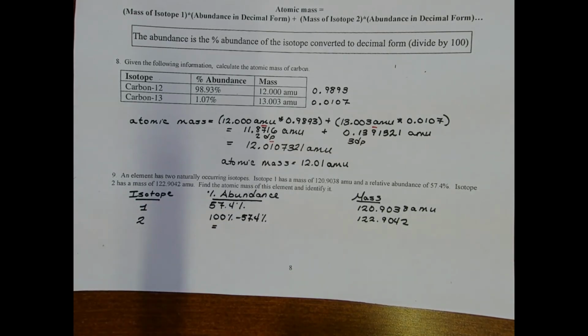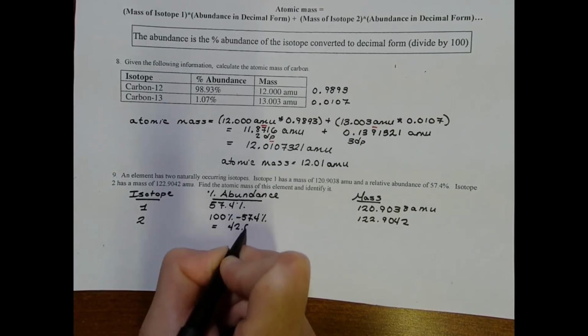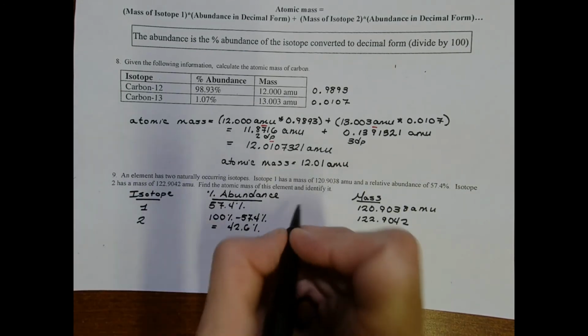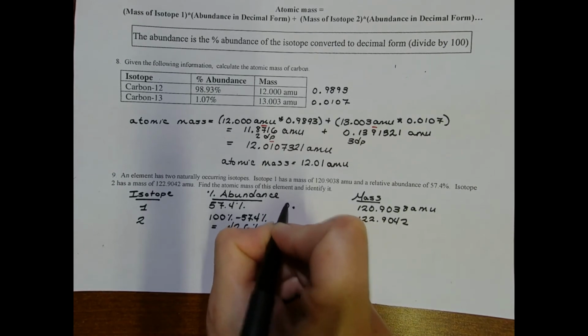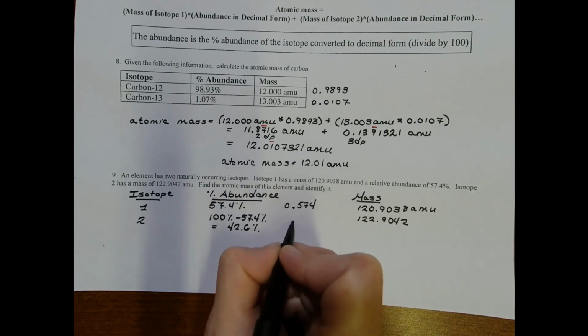And that gives me 42.6%. So I know isotope 2 has a percent abundance of 42.6%. I'll just divide them by 100, or just move the decimal place to the left 2 spaces.